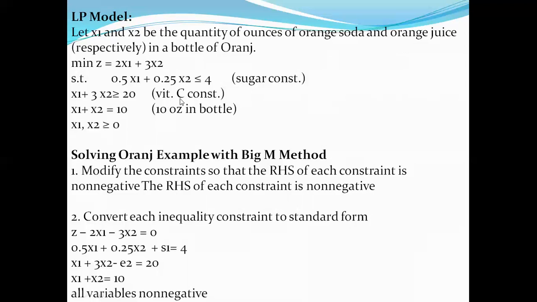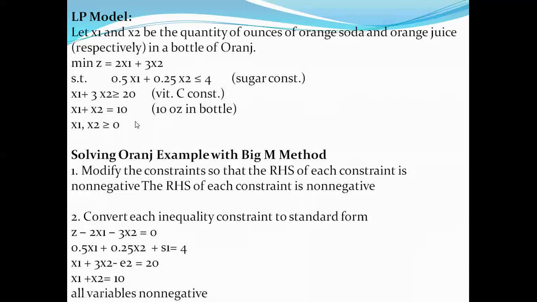Next one, vitamin C constraint. Considering in both the statistics 1 component of vitamin C for x1 and 3 components of vitamin C in the orange juice, and simultaneously on an average we need to calculate for 10 different bottles. So RHS is fixed here. So 10 equating for the combination x1 plus x2, that is both orange soda plus juice. And definitely we are clear that there are no negative values here.